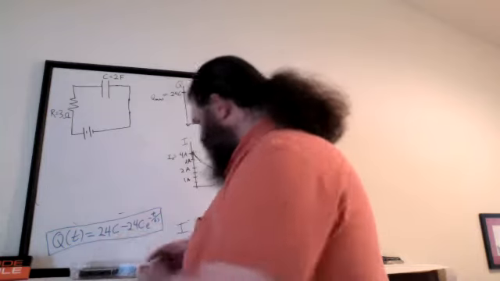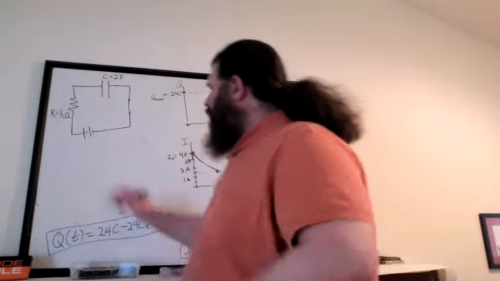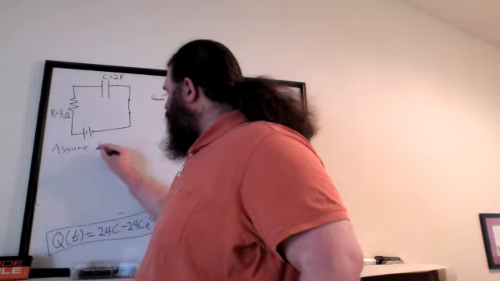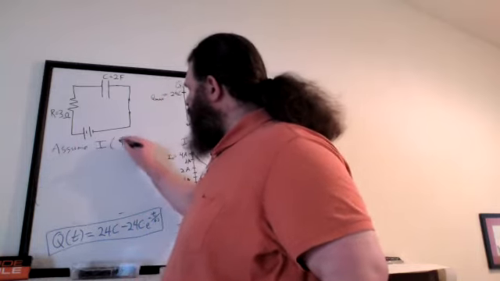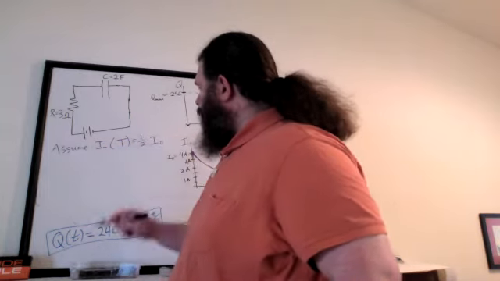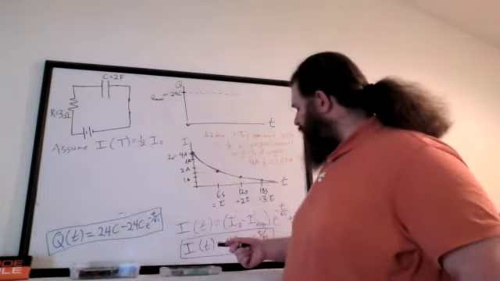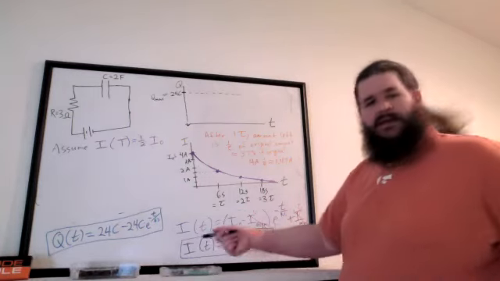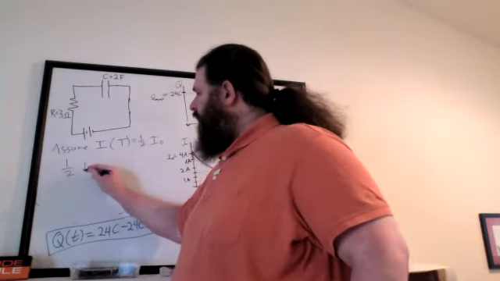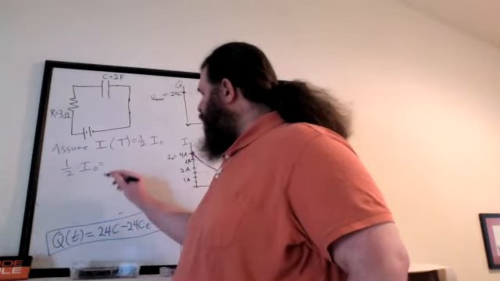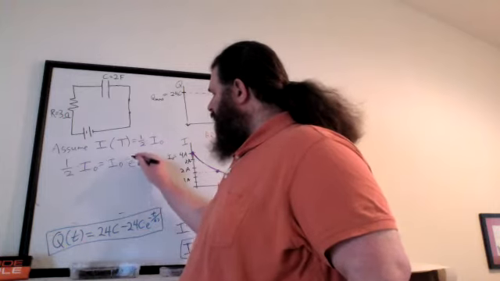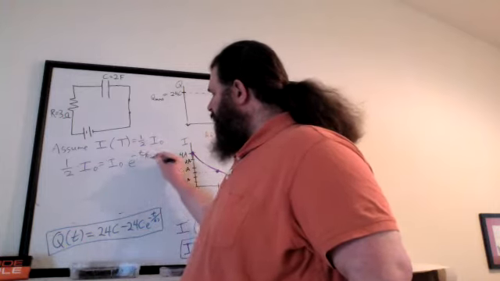So if we try calculating that, assume that the current at some time, let's say capital T, is half of the original amount. If we actually just set this formula equal to half the original amount, half of I naught equals I naught times e to the negative t over RC.